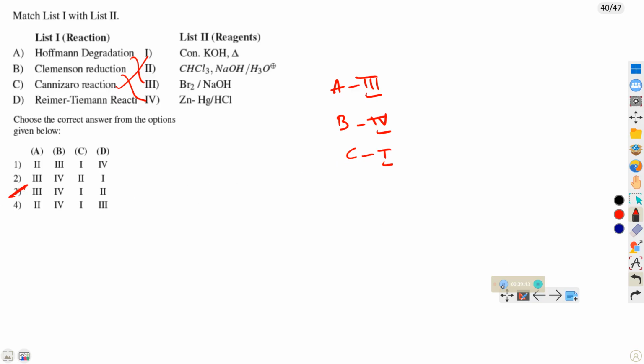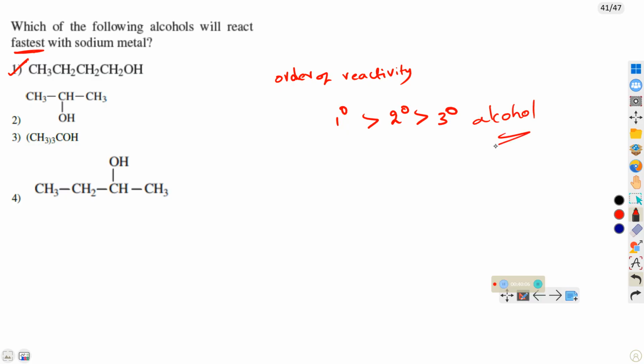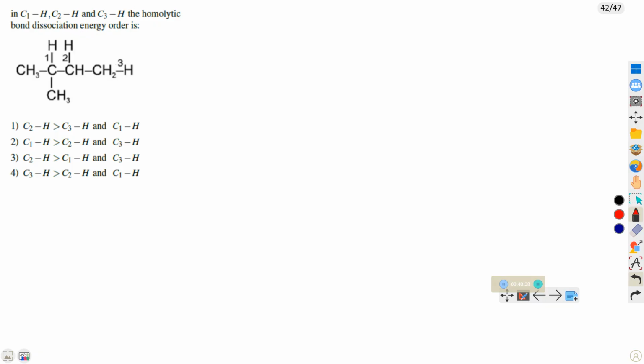Third option. Which of the following alcohol will react fastest with sodium metal? 1 degree alcohol. Order of reactivity: 1 degree alcohol greater than 2 degree alcohol greater than 3 degree alcohol. Bond dissociation energy order: first of all, identify this is 1 degree carbon, this is 3 degree carbon, this is 2 degree carbon.